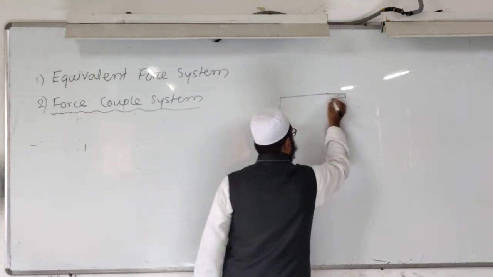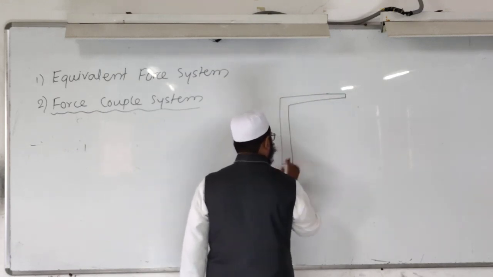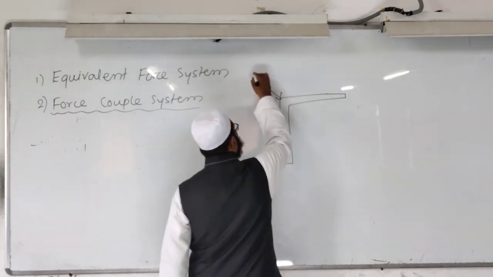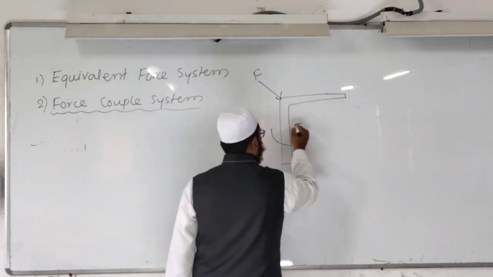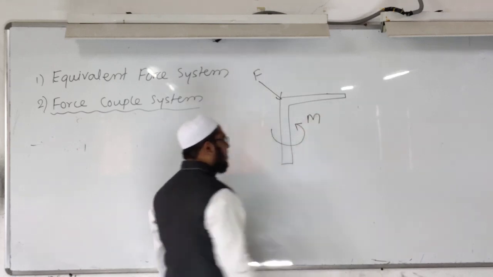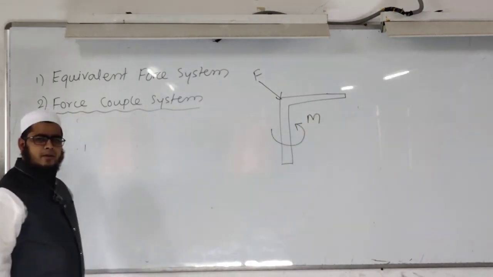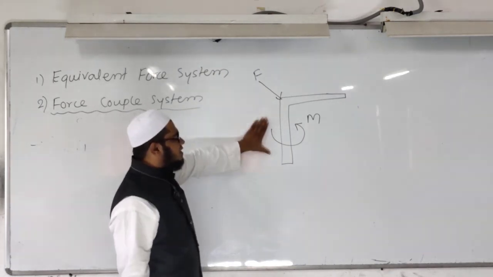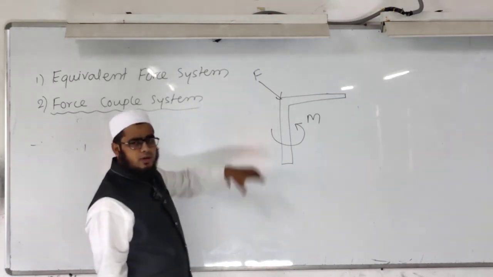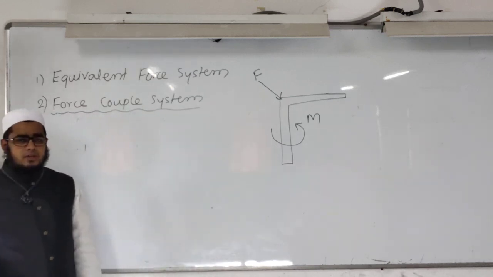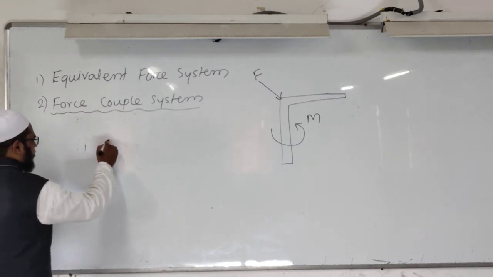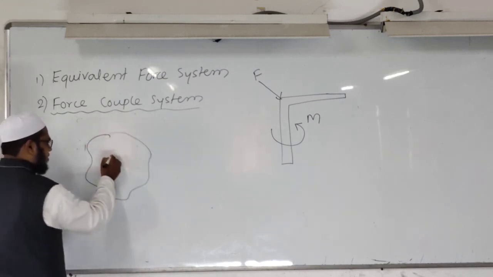Again I will consider the bracket. For example, this is the bracket. This force F and couple, this force system will be considered as a force couple system because it has a single force and one couple. How to obtain the force couple system? Well, we will consider it from a very simple example.